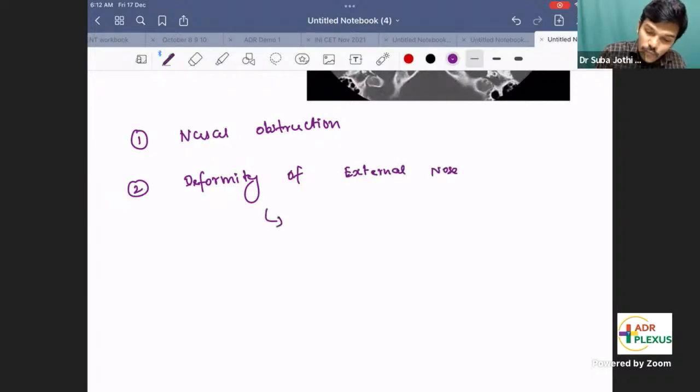It is more of aesthetic significance than functional significance. The patient may think he is not good looking, the nose is not straight like before. This symptom is mainly of aesthetic significance to the patient, but you should watch for nasal obstruction.